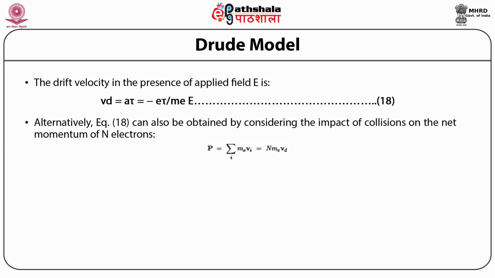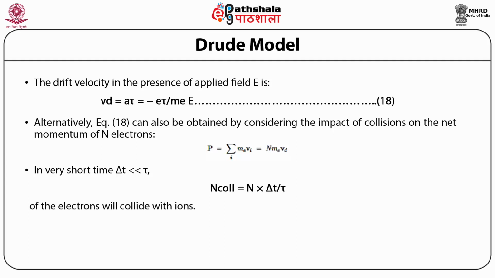This is represented as equation 19. In a very short time, delta t, much smaller than tau, n collision equal to n into delta t by tau of the electrons will collide with the ions.